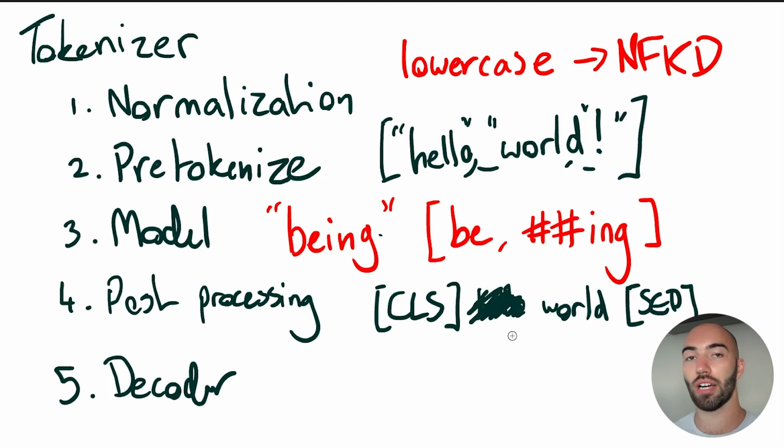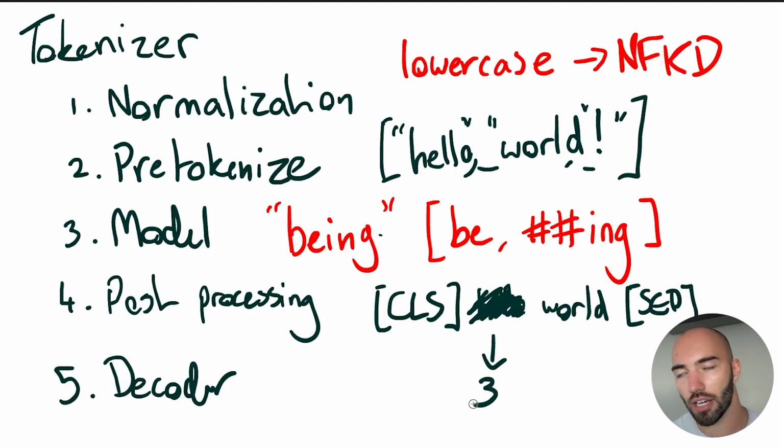BERT is trying to tell us hello, but BERT doesn't know the string hello. It just knows token ID values. So it's going to say, this is my prediction, the number 3. And obviously we're like, okay, great, I don't know what number 3 means.